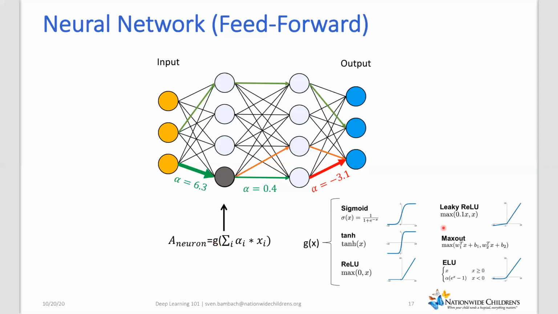These are just some examples of what people use for these activation functions. We don't need to think about this a lot. The important thing is, think of these as threshold functions that define whether your neuron is activated or not activated based on the input to the neuron, right? That's really all you need to know.